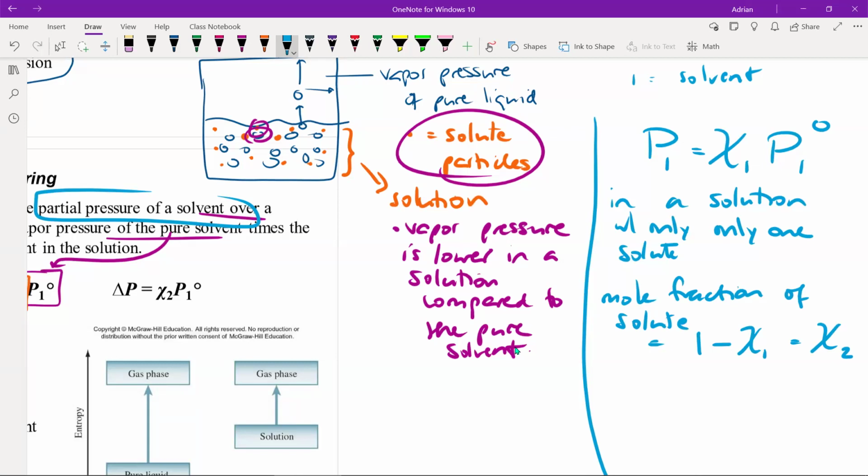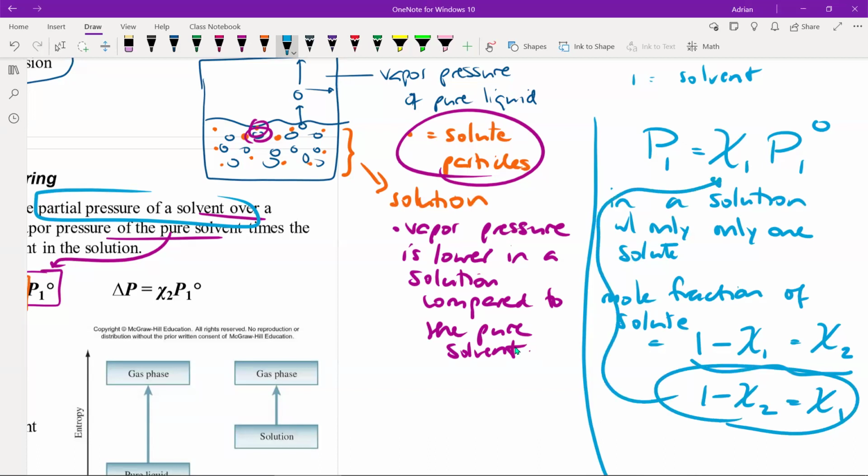What we can do then is rearrange this equation. We can say now the mole fraction of the solvent is equal to 1 minus the mole fraction of the solute. We can substitute this into our equation up here.